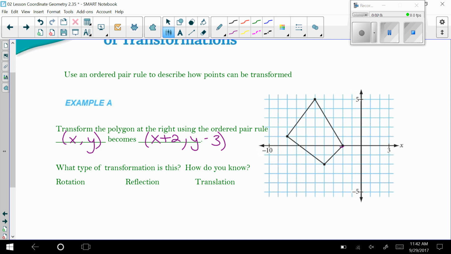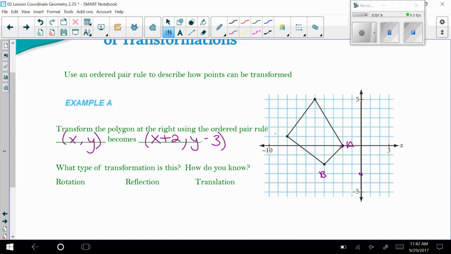Our x is -2 and our y is 0. So we're going to use the rule x plus 2, and our x becomes 0 and our y becomes -3. And we'll call this point A.